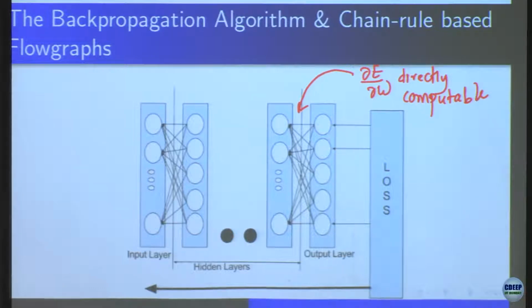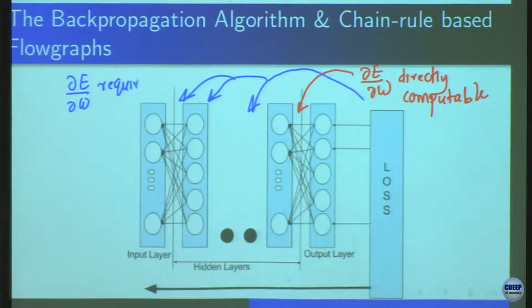But if I need the loss derivative with respect to any of the intermediate layers, I need the chain rule.